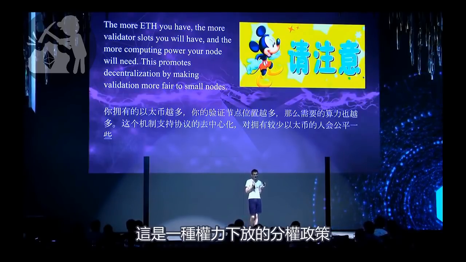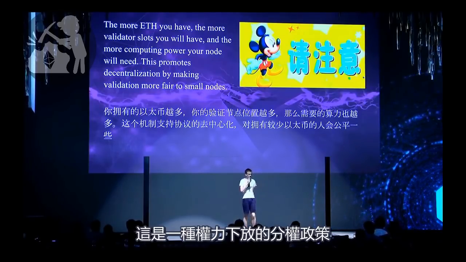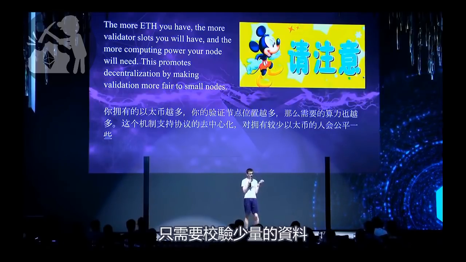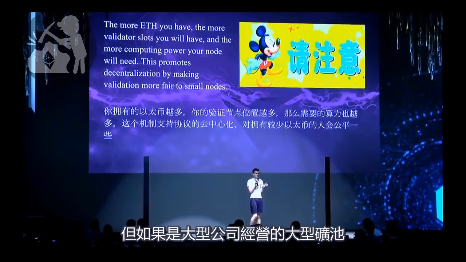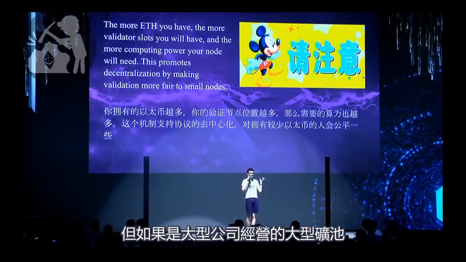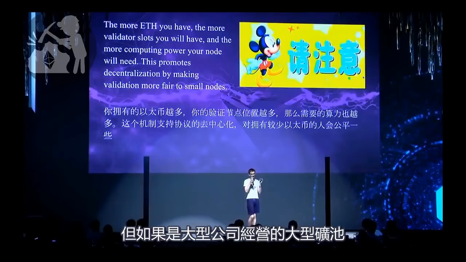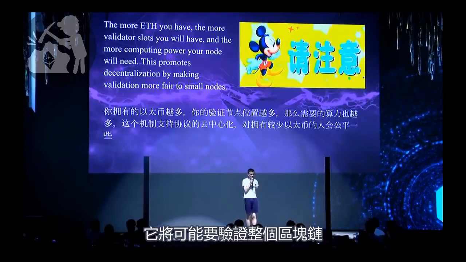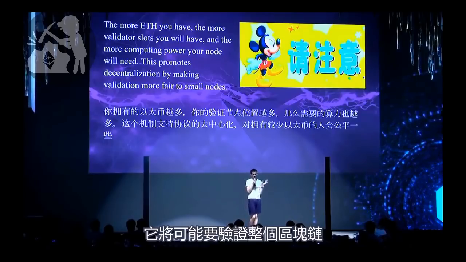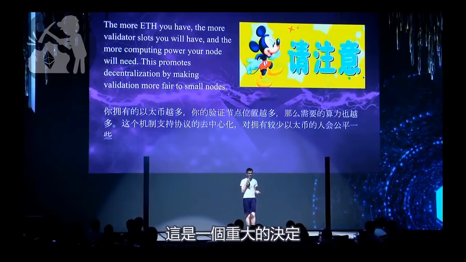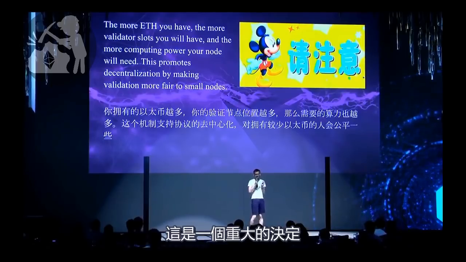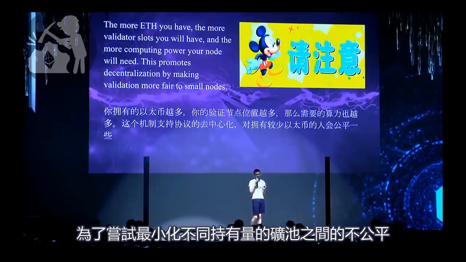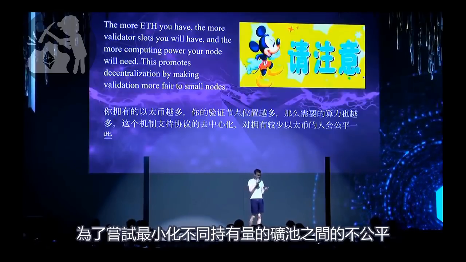This is one kind of pro-decentralization pressure, because nodes that have smaller amounts of ether need to verify only very small amounts of data. But if we're talking about some big pool run by some big company that's validating with 2 million ether, it's probably going to need to be validating the entire chain pretty much always. So this is a deliberate design decision to minimize the unfairness between nodes that have differing amounts of ether.